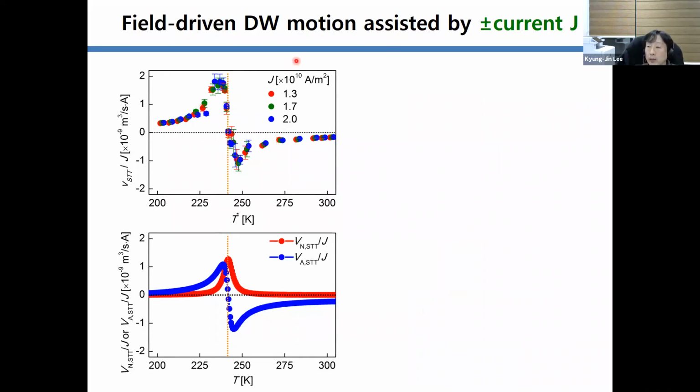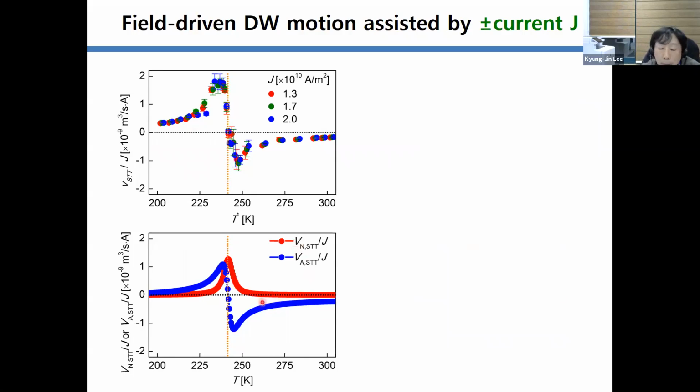And then we subtract the results and obtain this experimental result, and it looks like a combination of the symmetric Lorentzian and anti-symmetric Lorentzian. So we decompose this experimental result into a symmetric one and an anti-symmetric one.